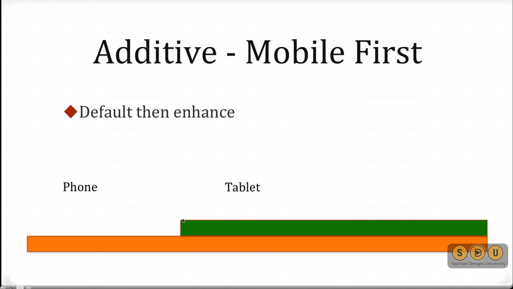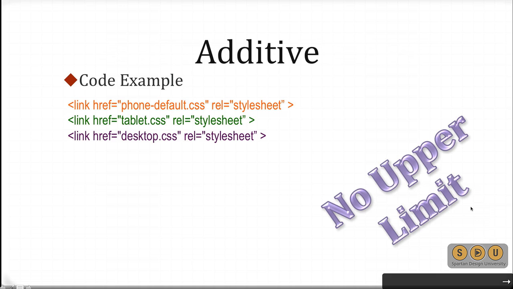And then if you have a tablet detected, it's going to start here and add rules or enhance the phone site for the tablet. Same thing with the desktop. You just pick a number, 1,000 something, and you add some more rules or styling that applies for the desktop.